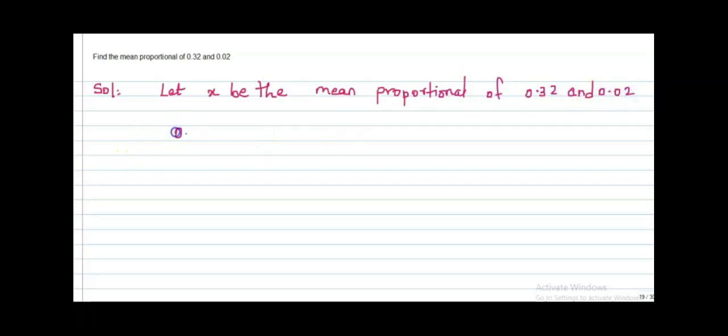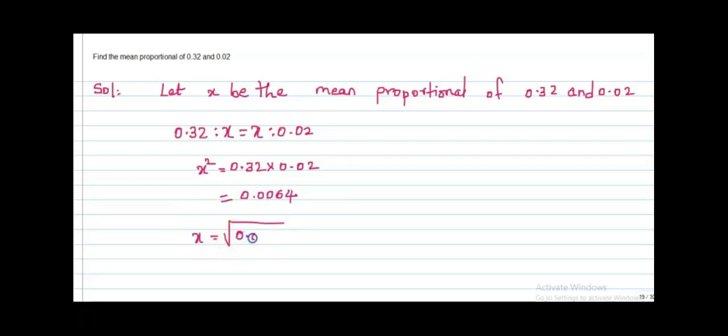Therefore, 0.32 is to x is equal to x is to 0.02, or x square is equal to 0.32 into 0.02, which is nothing but 0.0064, or x is equal to the square root of 0.0064, which is nothing but 0.08.